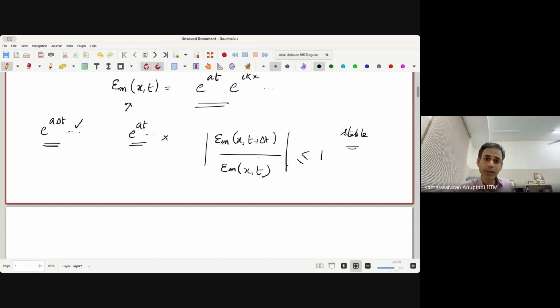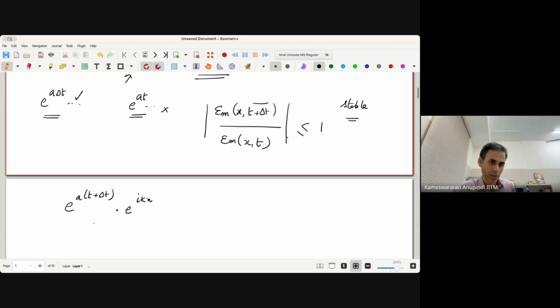Of course, if you want to put in these values, then you can write this as e to the power a (t plus delta t), because we're dealing with t plus delta t, times e to the power i k x, divided by, now we are dealing with x and t, e to the power a t, e to the power i k x. Modulus of this is less than or equal to 1.